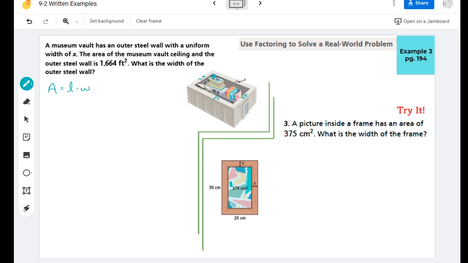So on the 20 feet, I would need to add x here and here, so I would add 2x to the 20 feet. And then the same thing for the 40 feet, all right? So my length in this case is actually 20 plus 2x. And my width is actually 40 plus 2x.